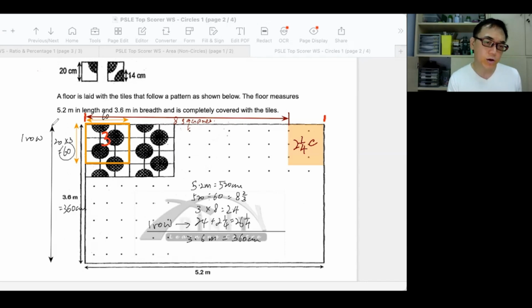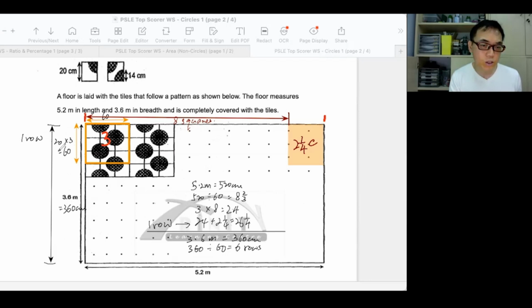How many squares are there from top to bottom? How many squares are there from here to here? One square is 60. This is 360. How many squares are there? What is the working? How do you get 6? You're right. That's right. 360 divided by 60 gives you 6 rows.